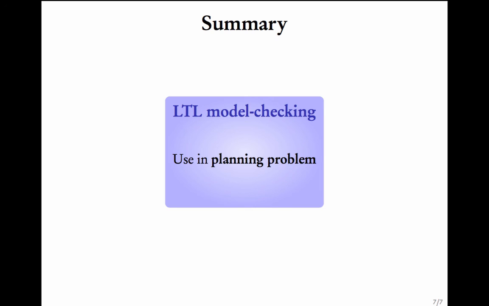In planning problems, you have a set of states and you want to find a path to a goal state with certain properties being satisfied. This is exactly what we did now. We can use LTL model checking even for solving planning problems. This also gives us an example of the use of until formulas. So until can be used to check that something is true until we reach a goal.